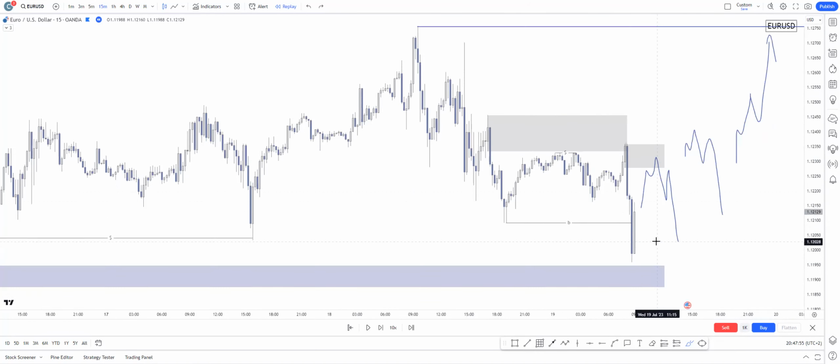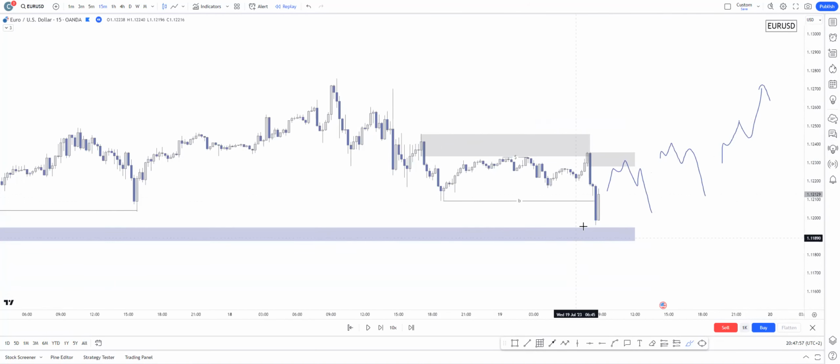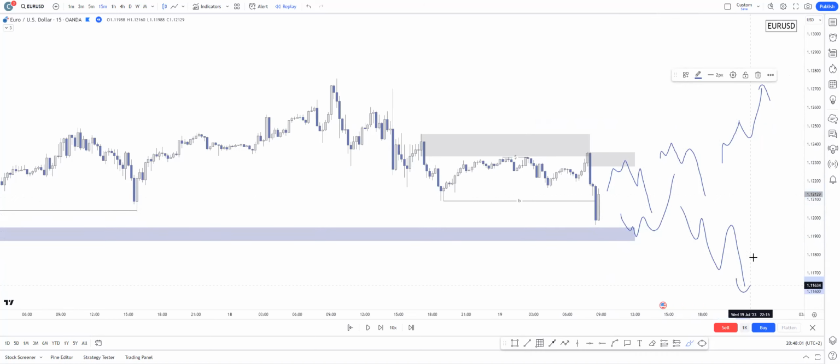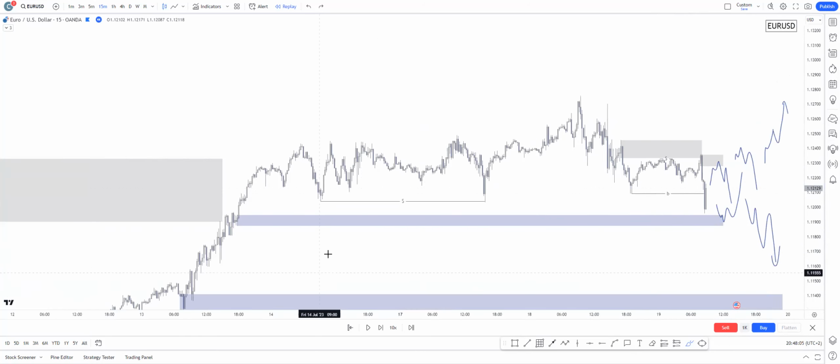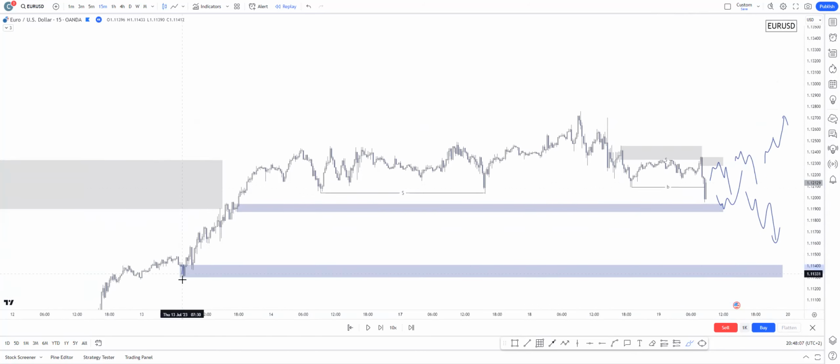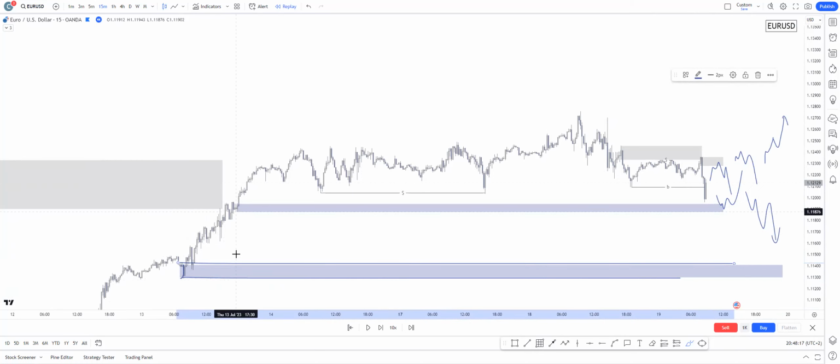If the confirmations cannot happen on this 15-minute demand area, then I would wait for sales. And if a flip of this demand happens, then I would probably target this 4-hour wick area, because everything just below this demand is efficient, as you can see, and this is the only inefficient area on the 4-hour time frame.